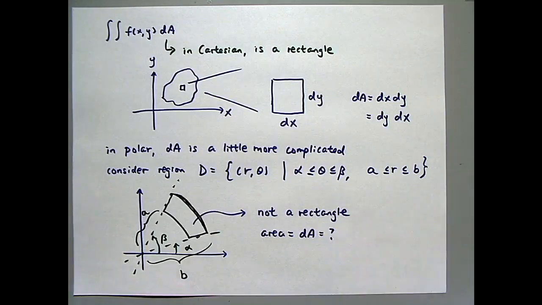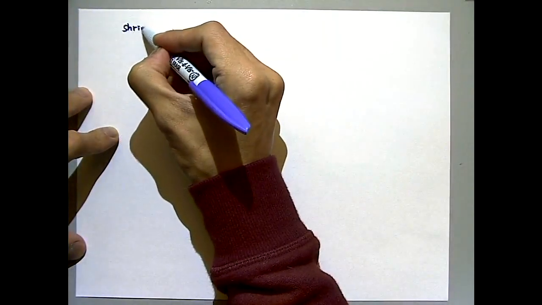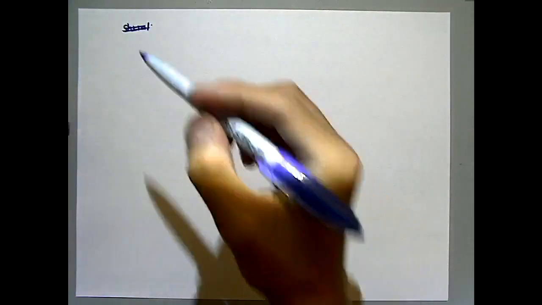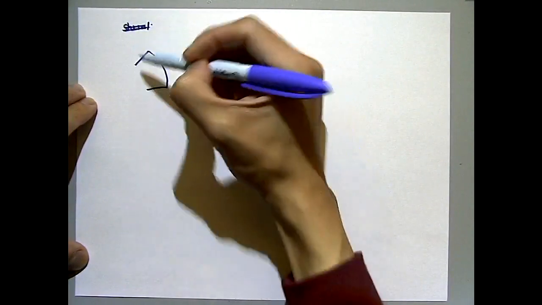So we have a little bit of a problem finding dA, the expression for dA. In Cartesian, it's dx dy, very simple. Here we've got a little bit more going on. Let me take that little wedge shape, the pizza crust shape, again from the last page.